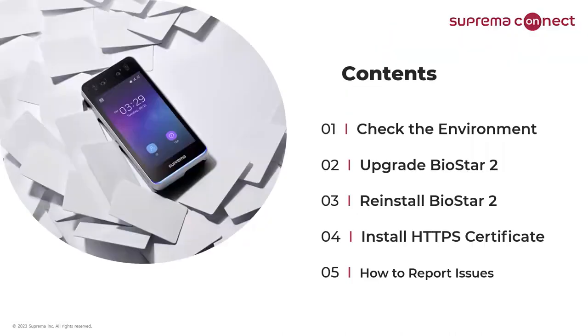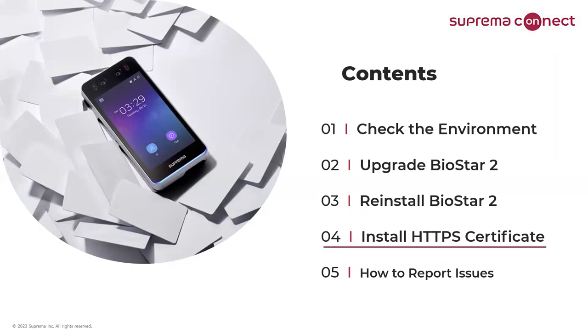In the BioStar 2 Essentials session, we will guide you through 5 parts to correctly use the BioStar 2 server. In the first part, we will check the basic environment information when installing BioStar 2. The second and third parts are still confusing and often misfollowed by many customers, so we would like to provide a guide on upgrading and reinstalling BioStar 2.